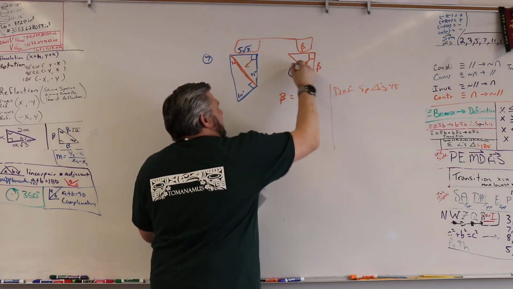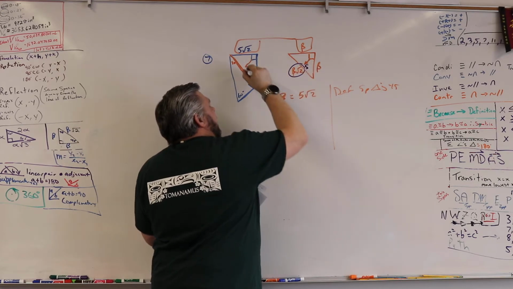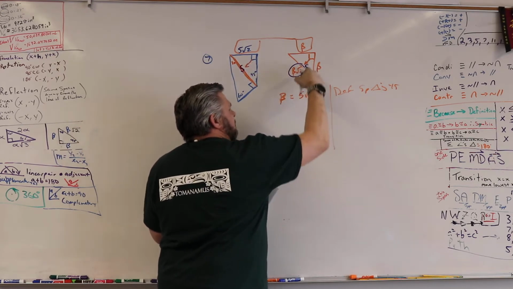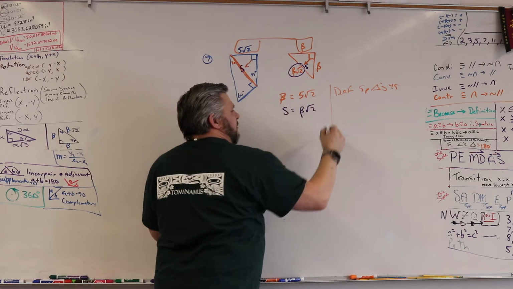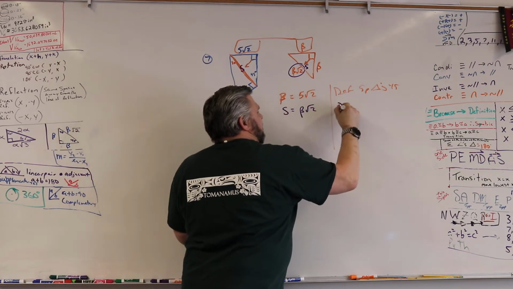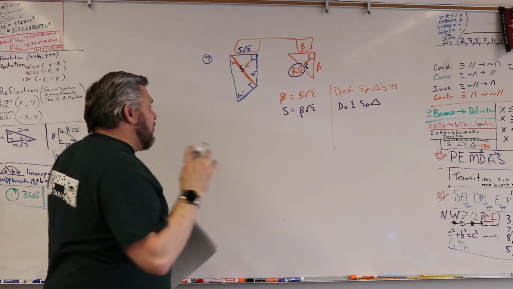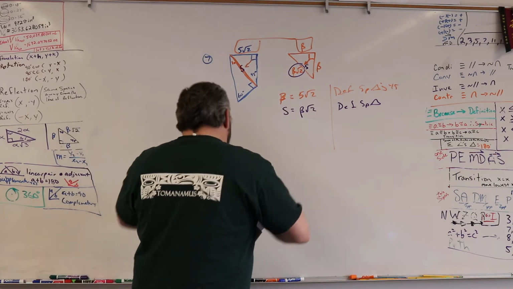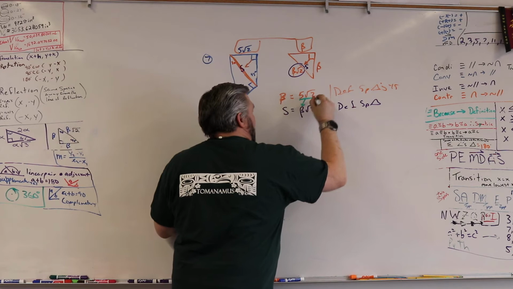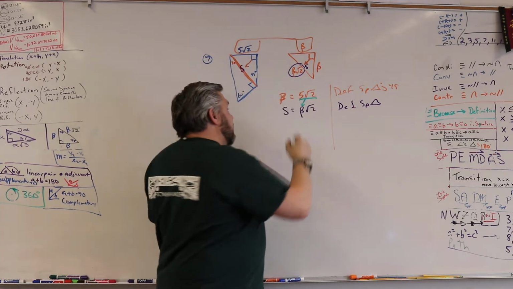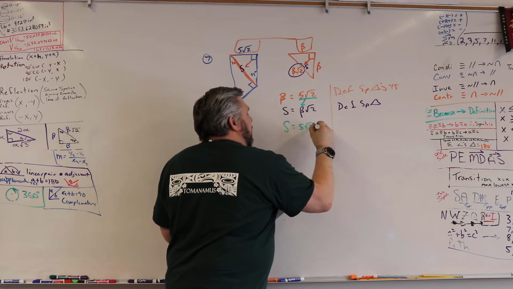If this side, let's call it side S, is equal to beta square root 2, by the definition of special triangles, then what's beta equal to? It's equal to the number in the center, 5 square root 2. So that means that S is actually equal to 5 square root 2 square root 2.